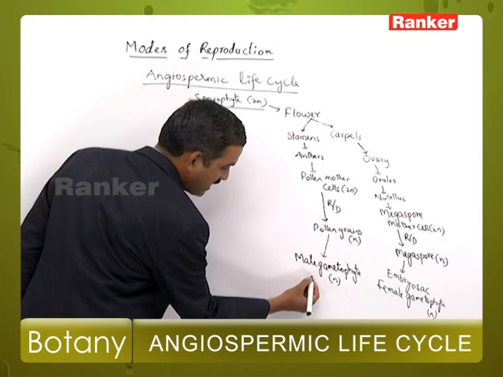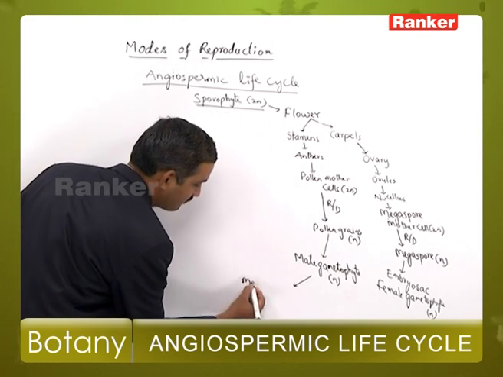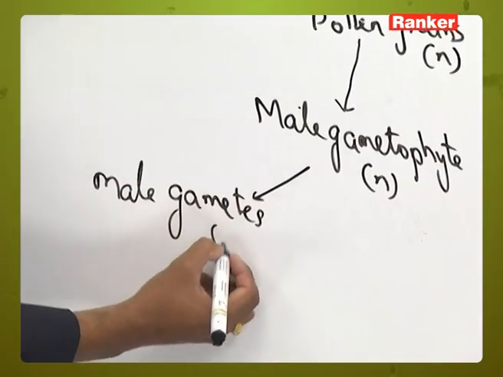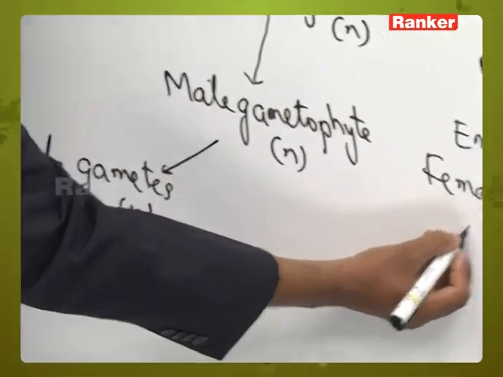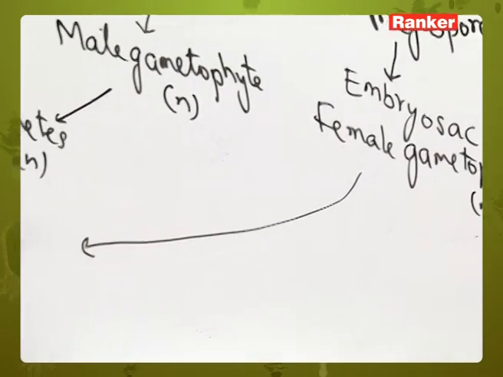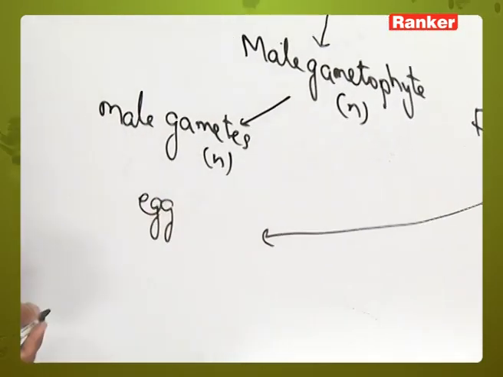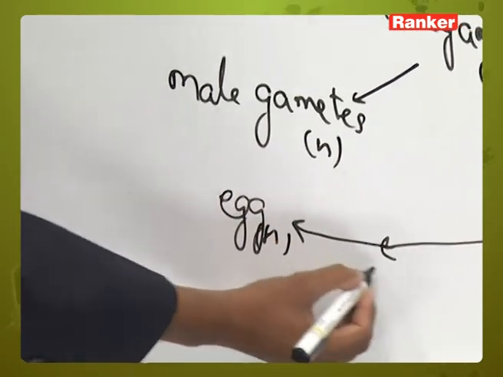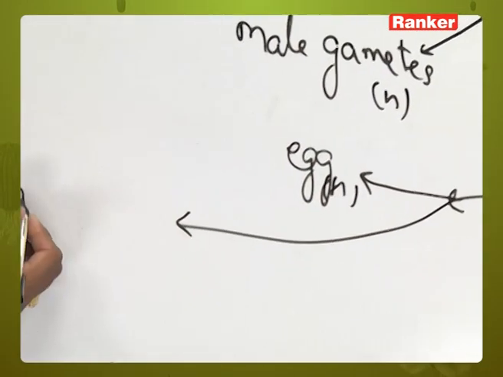The male gametophyte will produce male gametes, which are haploid in condition, and female gametophyte will produce egg cell, which is haploid in condition, and also secondary nucleus.